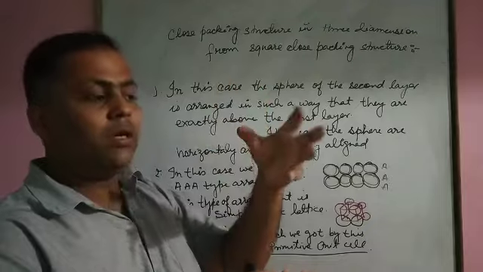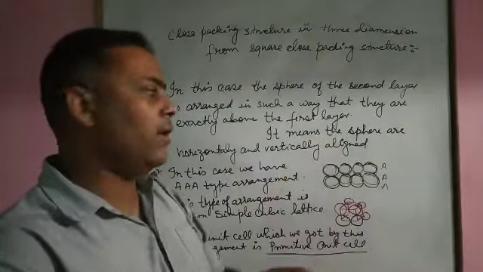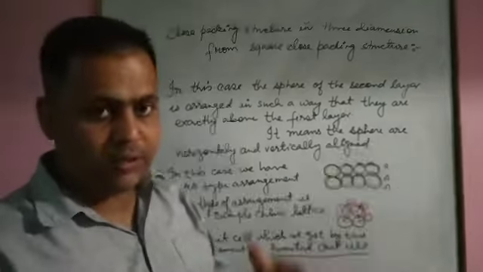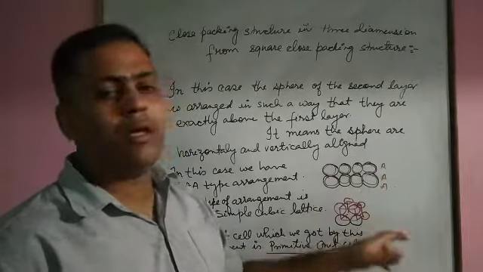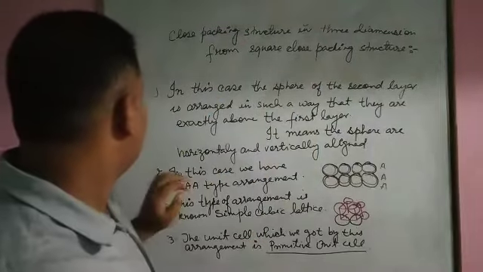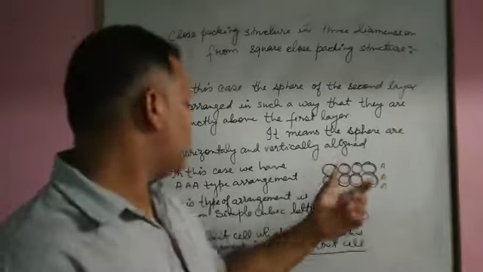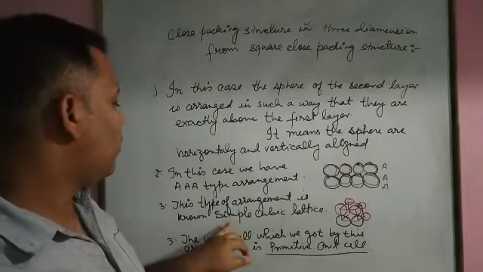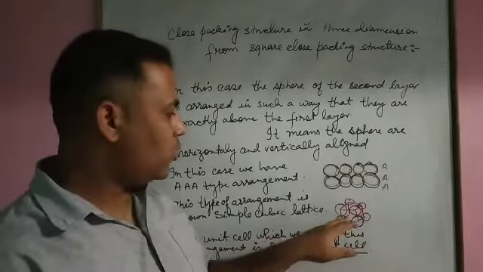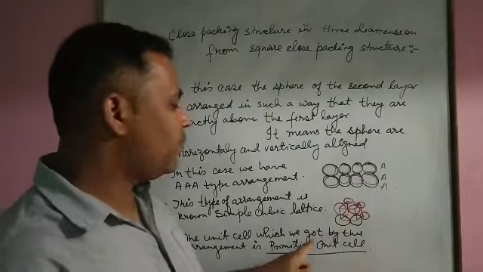If we place the spheres of the second layer vertically aligned, then we have this type of close packing in three dimensions. When we join the centers of the spheres, we get a simple cubic lattice. A cube is there, and the unit cell which we got by this arrangement is a primitive unit cell.